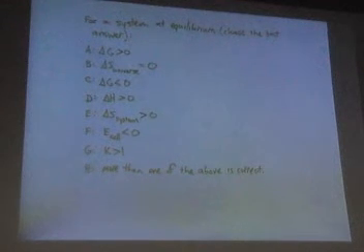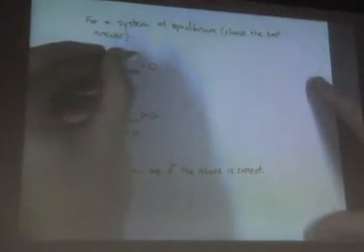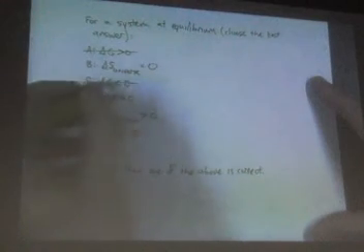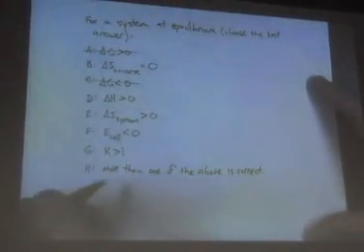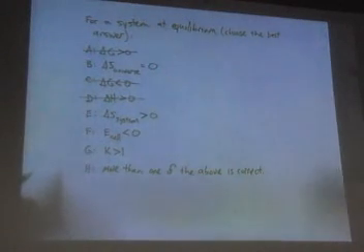We don't know anything about delta G, and we don't know anything about delta H, and we don't know anything about delta S for the system. So I know I don't know anything about delta G, so we can cross that one out, and that one out. And we don't know anything about delta H, so we can cross that one out.